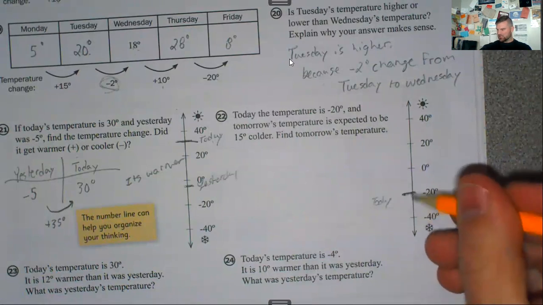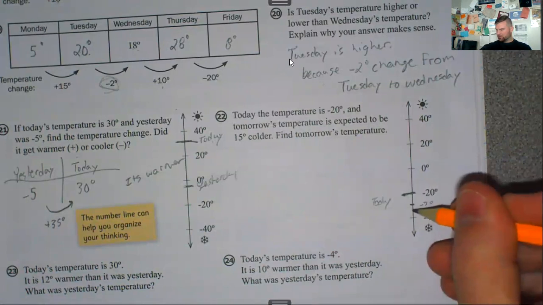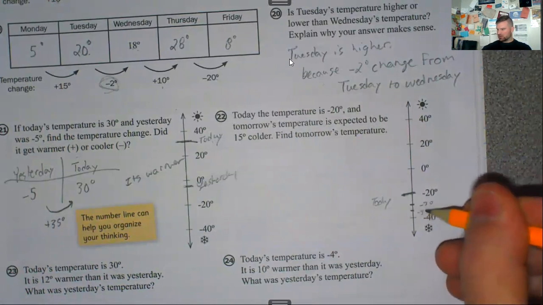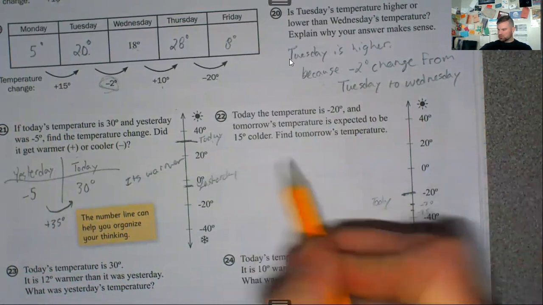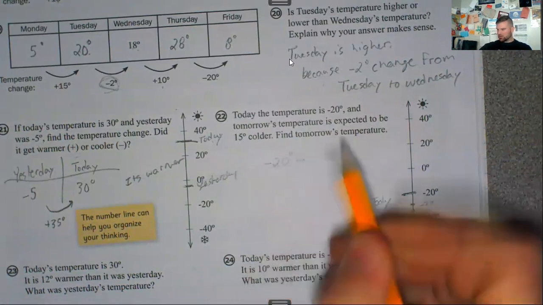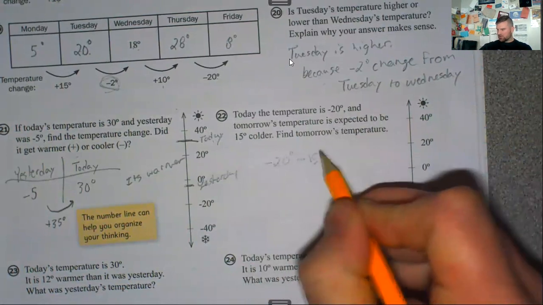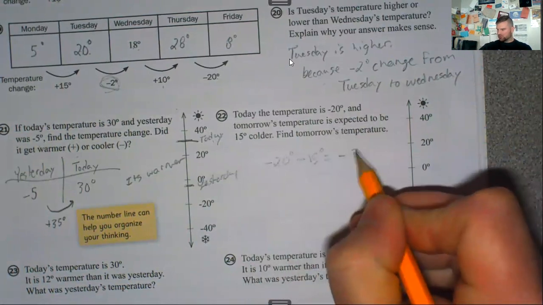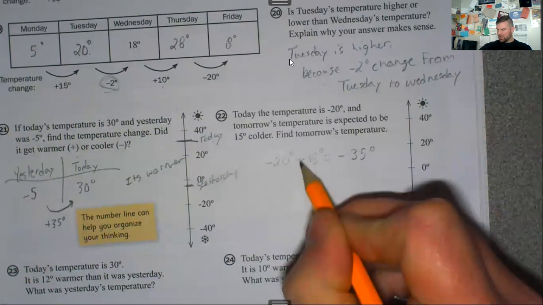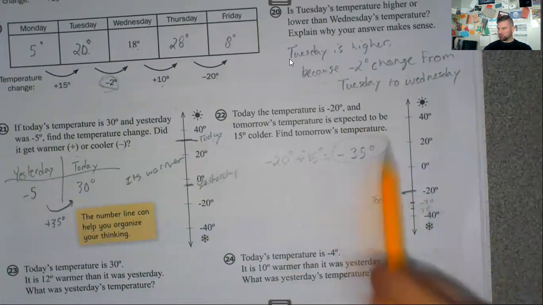So if I go 10, that's at negative 30, and then I got to go 5 more, that's at negative 35. So you have negative 20 degrees, and it's going to get cooler, so that will be negative 35 degrees. You're going to add a negative. Okay, so it is going to be much cooler.